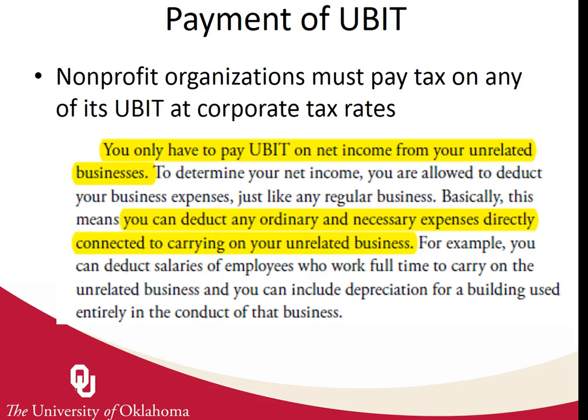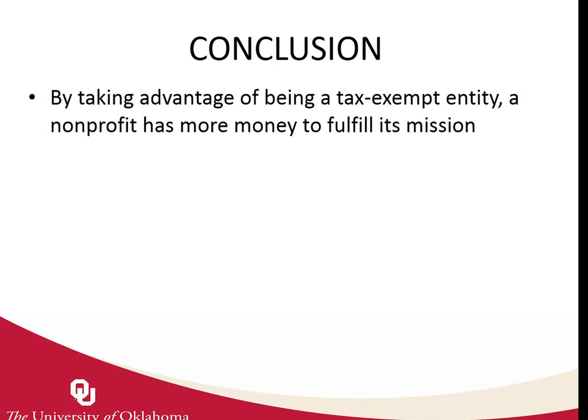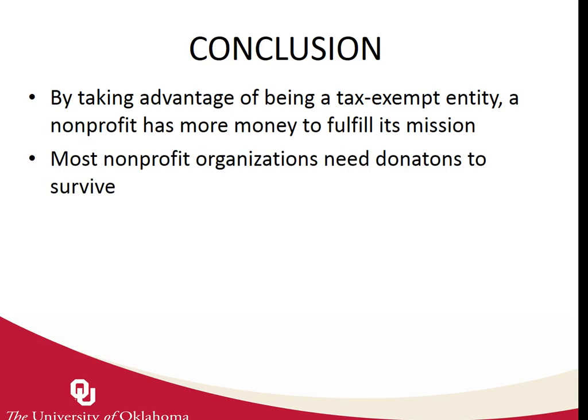And then you pay the tax on the amount of the UBIT. So, taking advantage of being a tax-exempt entity, a nonprofit can fulfill its mission. That money that would have gone to pay taxes is now used for the purpose of the nonprofit. So that is one of the great benefits of not having to pay taxes as a nonprofit organization.